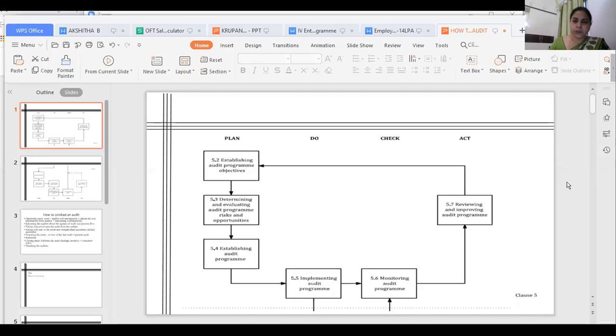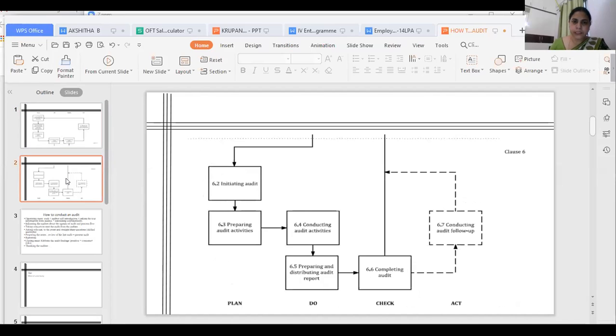After here, I will go to the next slide because I'll be continuing there. So once you implement, what will come in implementation is initiating the audit. You are going to start the audit and prepare the audit activities.